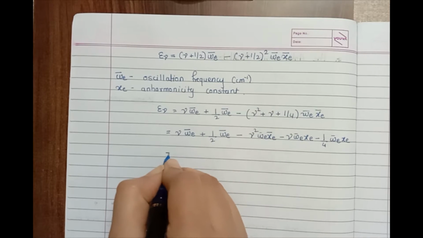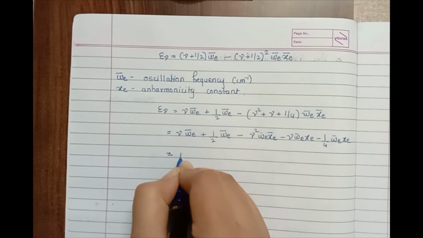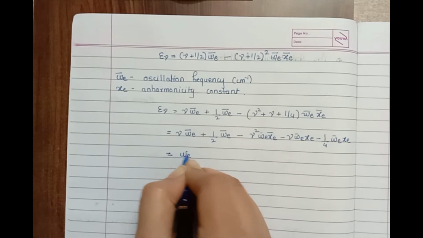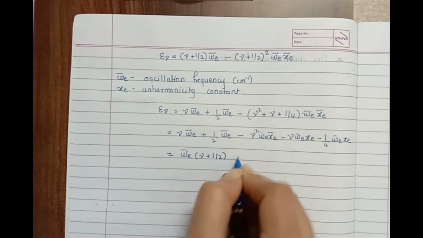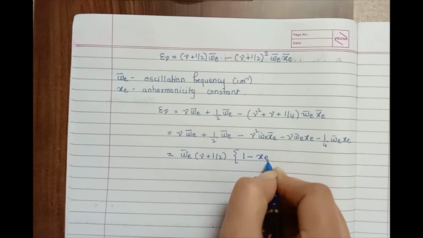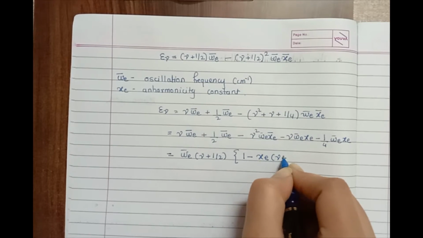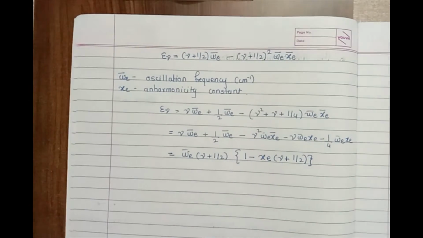Now rearranging it, what we will get? Omega E bar into nu plus 1 by 2 into bracket 1 minus Xe into nu plus 1 by 2, bracket complete.